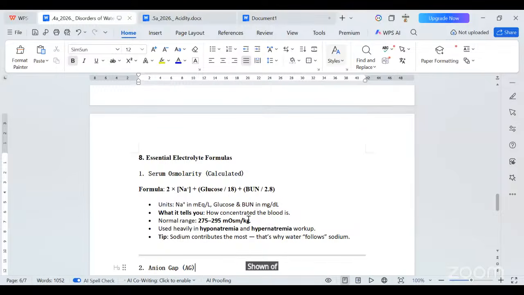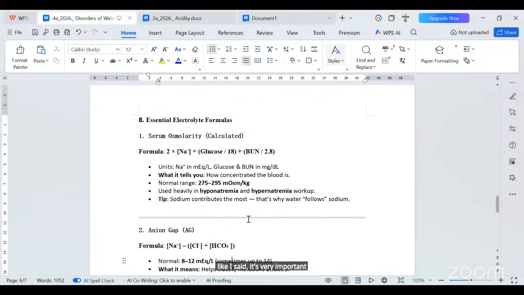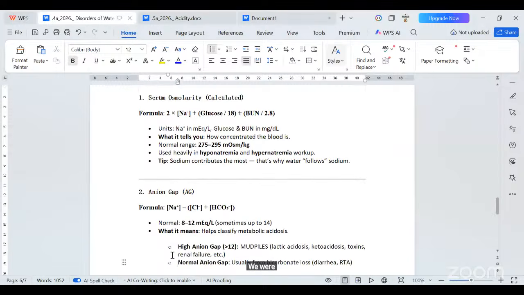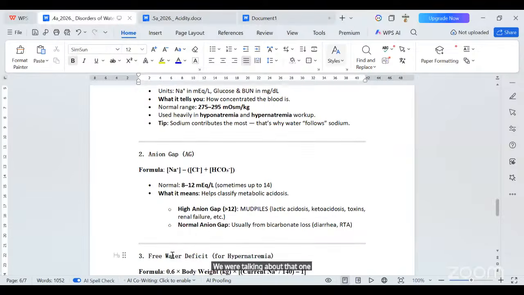Like I said, it's very important for all of these levels to follow the formula because of keeping the body in good state. So it's this formula for serum osmolarity. This is the anion gap. We were talking about that one in the next topic.